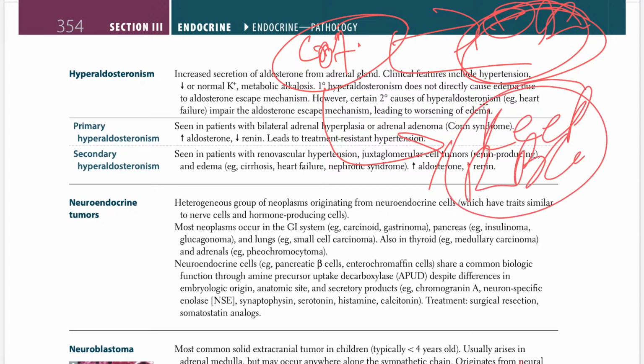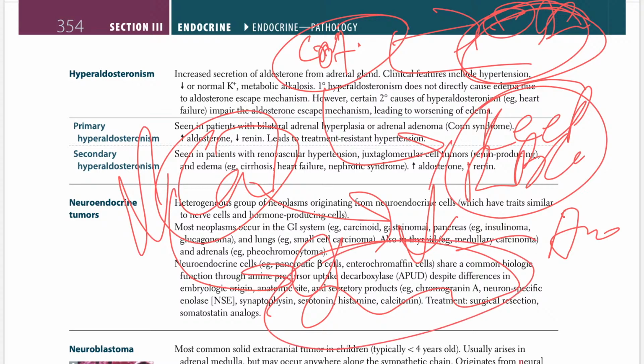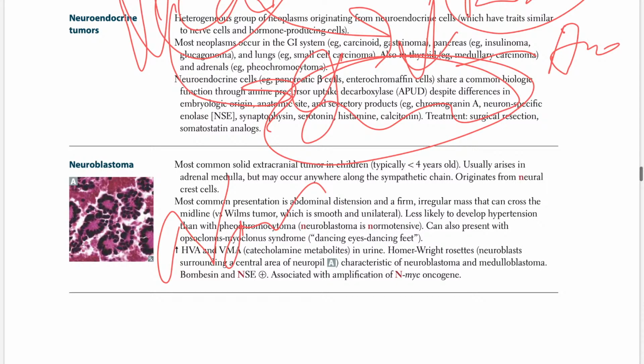When you have low cortisol, it decreases the total RBC mass, and that is seen as anemia. It also interferes with iron, but here iron is not going to be that deficient. That's why you will have normochromic, normocytic anemia.